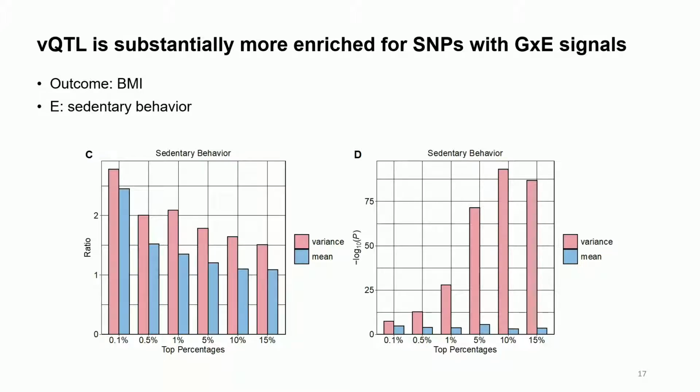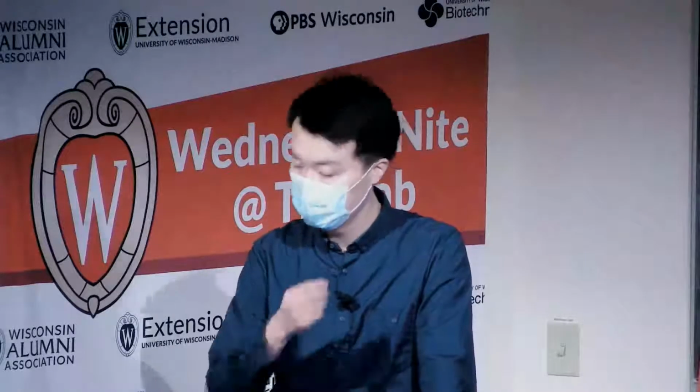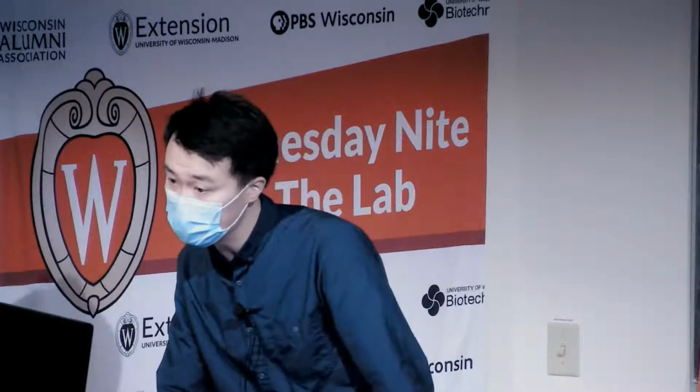There's a question. Michael asked, you need the subject-specific responses, not summary stats for QUAIL, right? That is correct, yes. For this, we actually need individual level data. The question is, do we actually need individual level data for this QUAIL approach, and not just summary statistics?